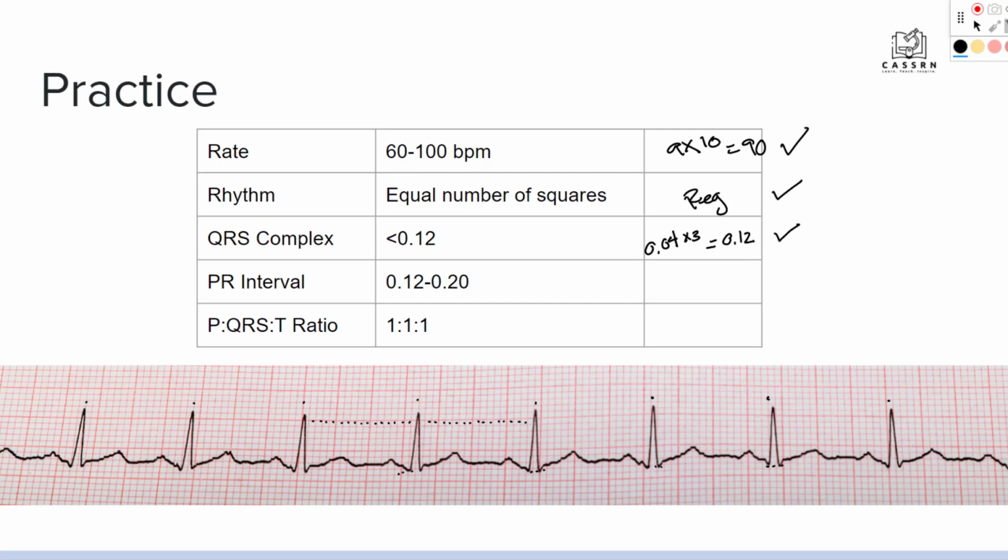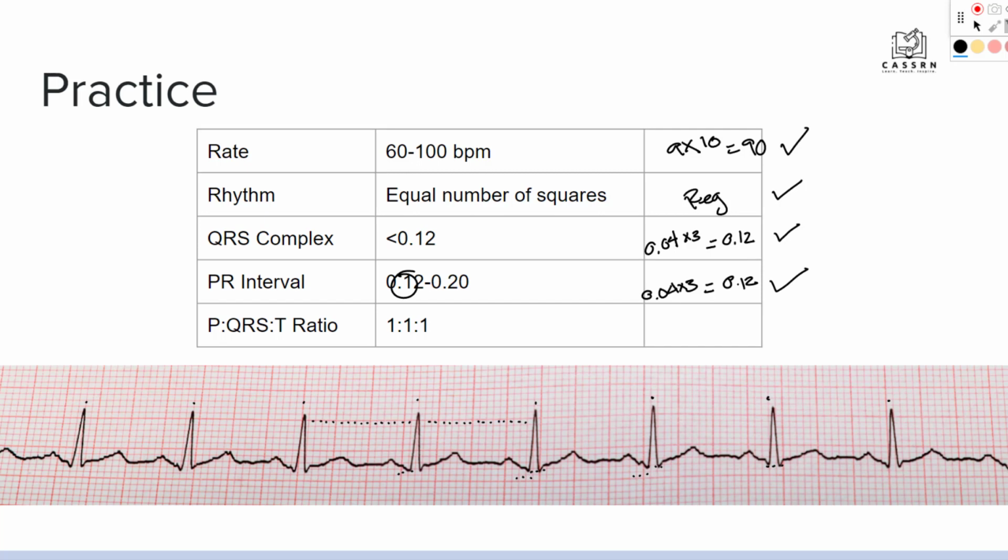We'll come over here again, 3. We'll come right here, 3. So we're actually going to have the same number here. We've got the 0.04. We're going to multiply that by 3, and that's going to give us the 0.12. And that right here is on the low end of the normal. So we're going to say that that's normal as well.